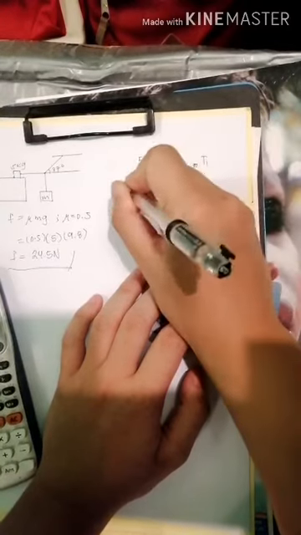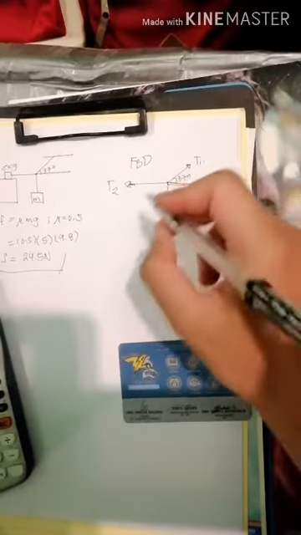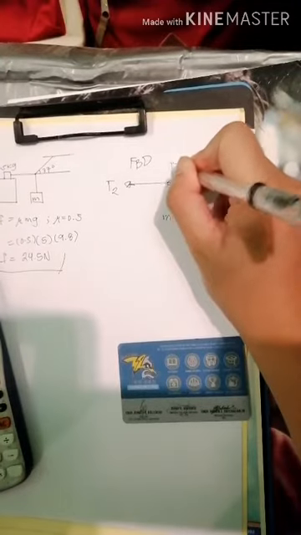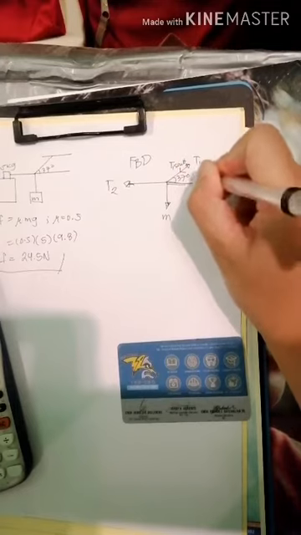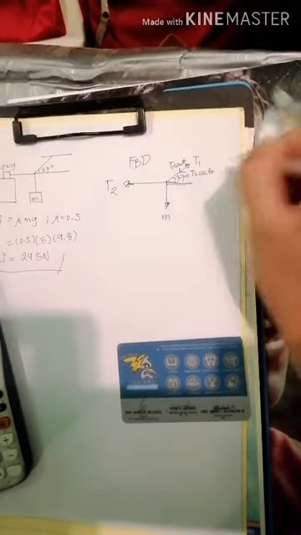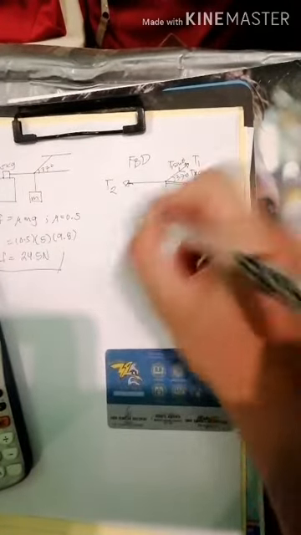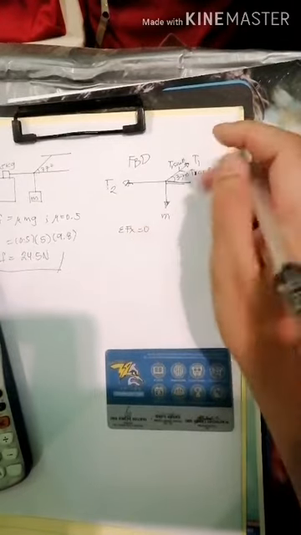Tension 1, tension 2. Para masolve natin yung M na to, summation tayo ng forces. So, meron component tong T1 sin theta, T1 cosine theta. So, first, summation muna tayo ng X. Summation X is equals to 0.